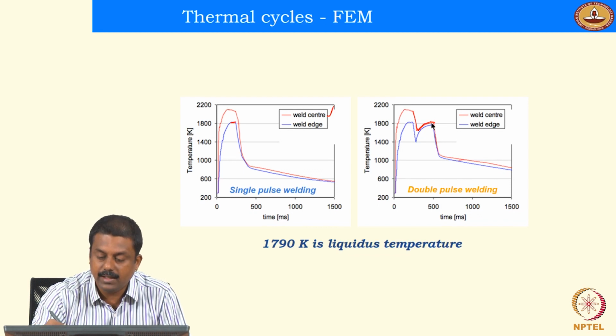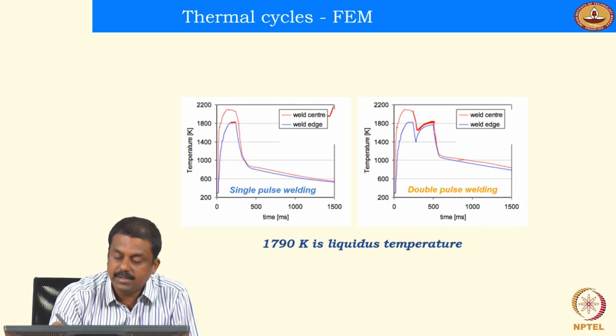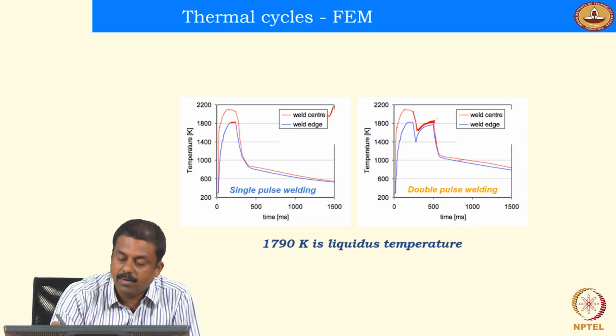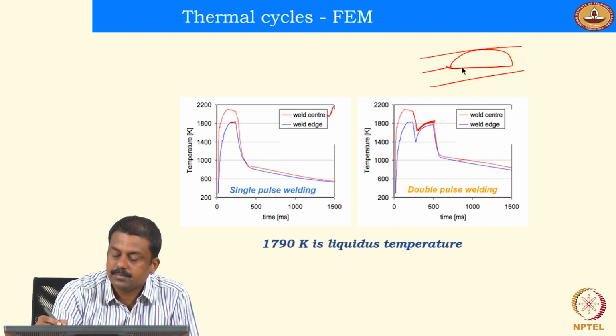And this increasing temperature can cause a very positive effect by homogenizing the microstructure and the composition, which we already saw in the optical microscopy, because of this reheating, and we form the secondary weld nugget. So this is the first weld nugget, sorry.